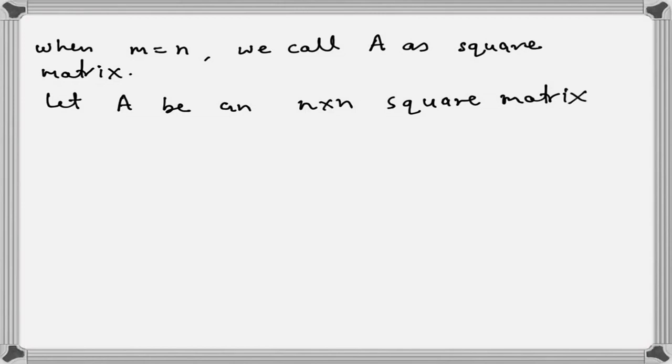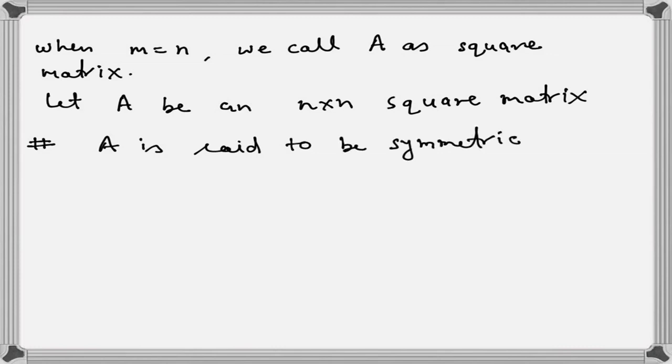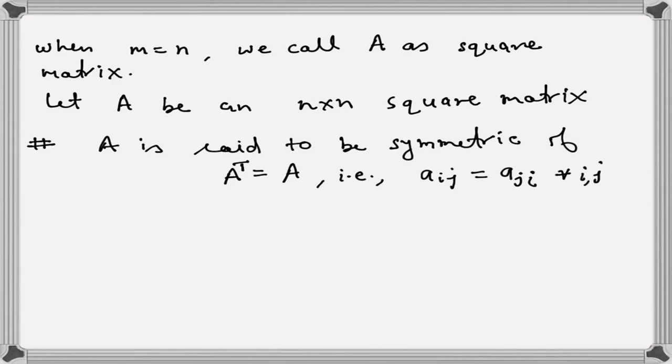Then A is said to be symmetric if A transpose is equal to A. So that is Aij is equal to Aji for all i, j.